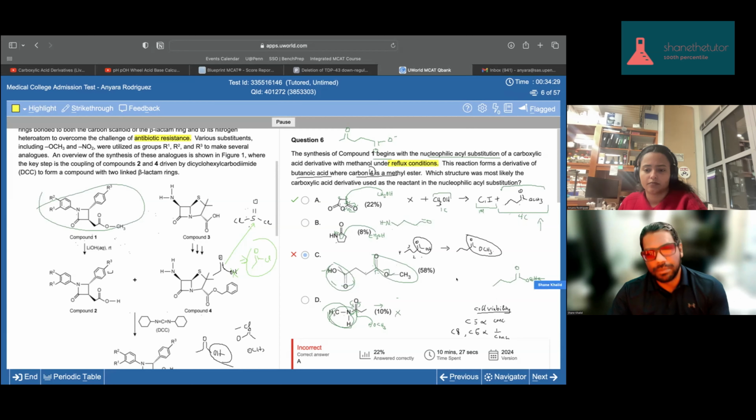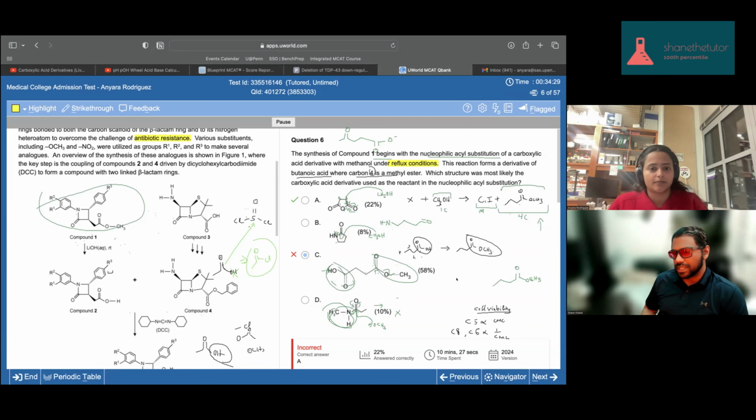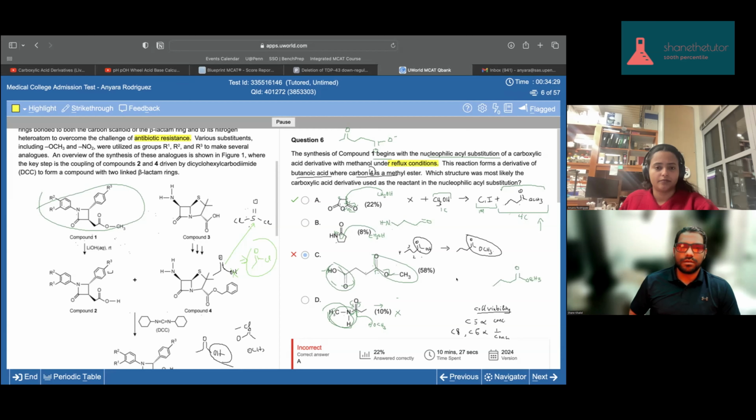But it would be before it turns into the ester. But generally speaking, just understand what the question's asking and then try to figure out what would happen if you added methanol to each of these choices and would it result in something that would look like this methyl butanoate.